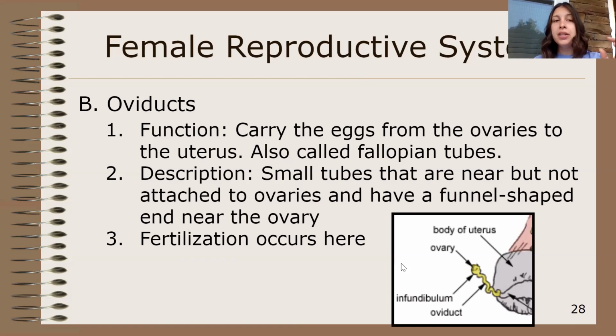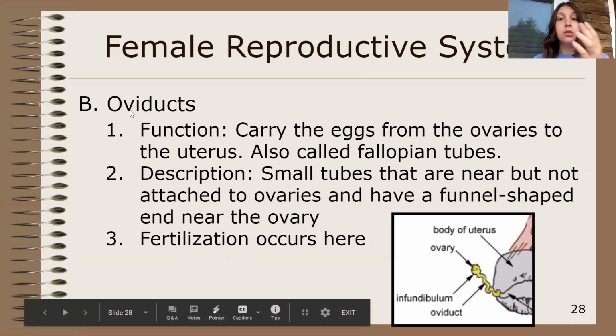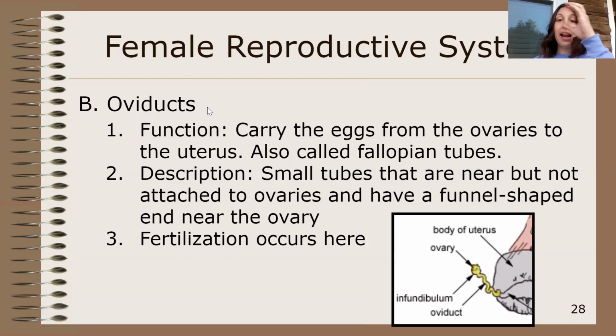Its job is to take the egg from the ovary and transport it to the uterus. You can also hear the oviducts called the fallopian tubes. I call them the oviducts because ova means eggs, and ducts, think of an air duct. The air duct takes the air from one place and moves it to another room or another space. The oviducts do the same thing. They take the eggs and they move them from one place to the next stop.